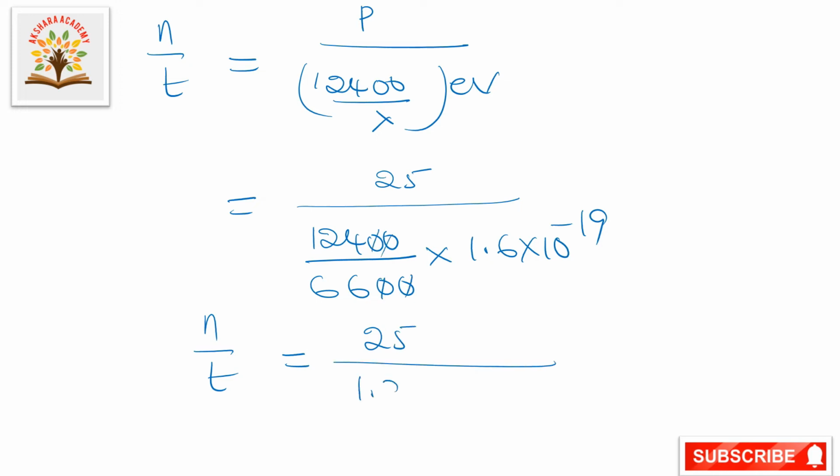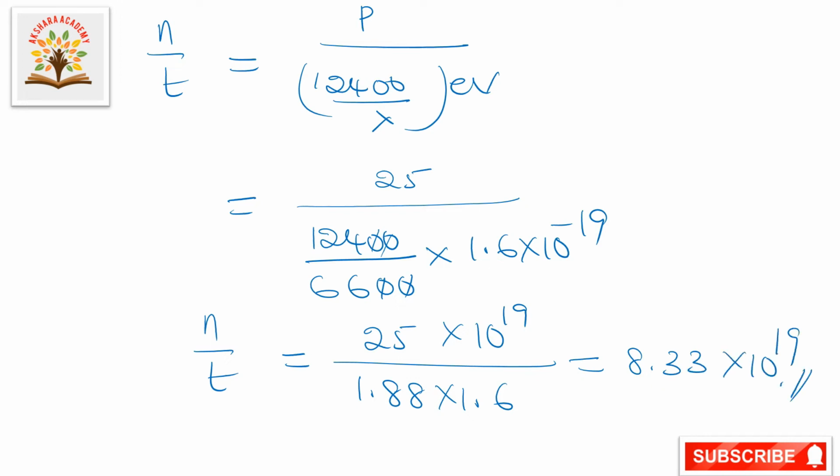After division we are getting 1.88 × 1.6 × 10¹⁹. So this is equal to 8.33 × 10¹⁹. This is the number of photons per second. Okay. Next we will go to the next question.